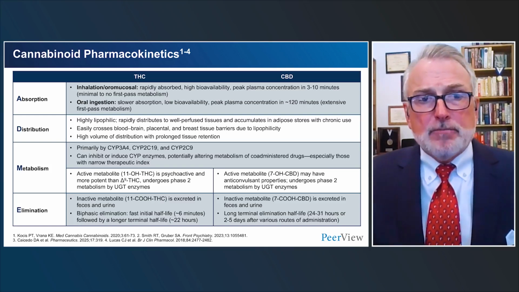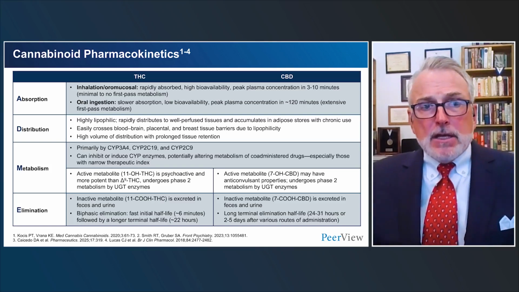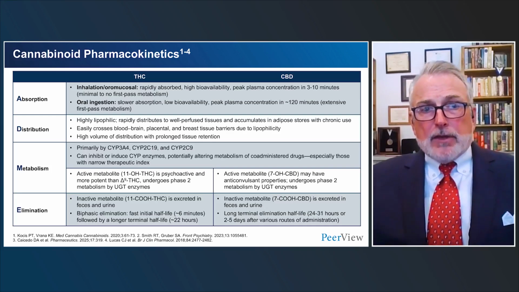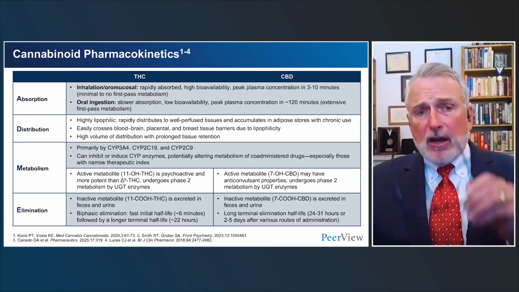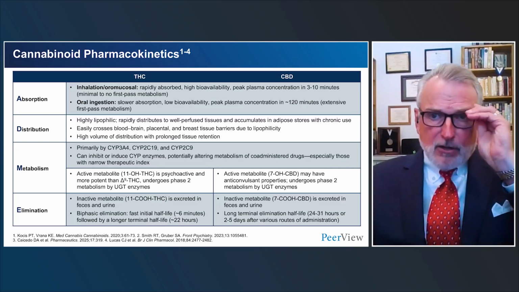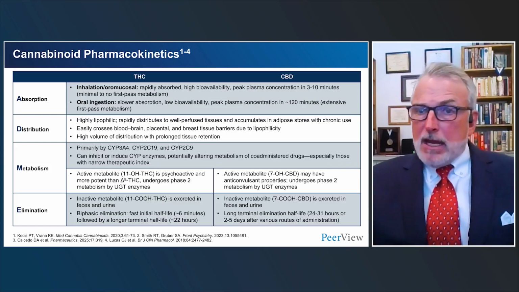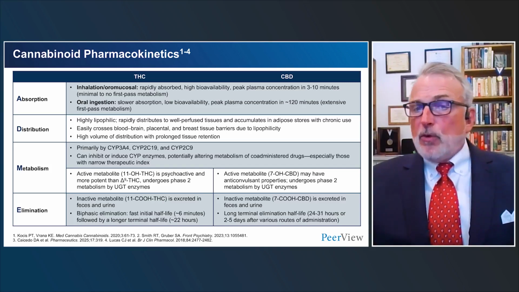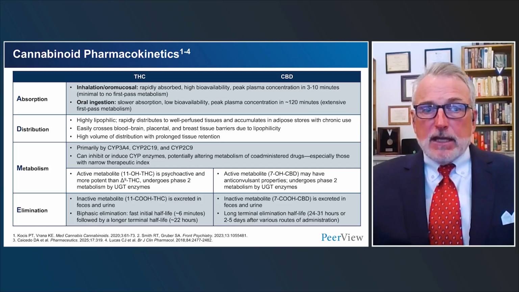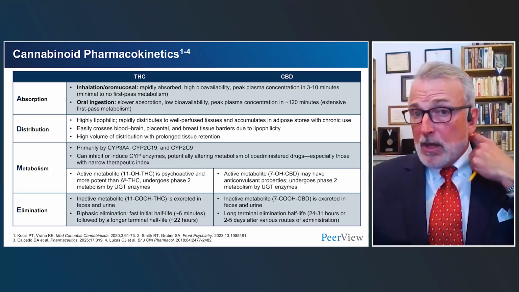In general, it's important to recognize that there is considerable knowledge of how the cannabinoids are handled by the body, and it turns out that they're metabolized primarily by three main cytochrome P450s in the liver: CYP3A4, 2C19, and 2C9.